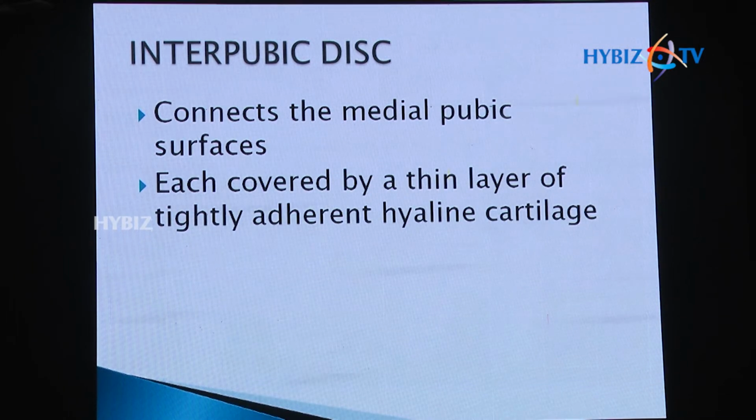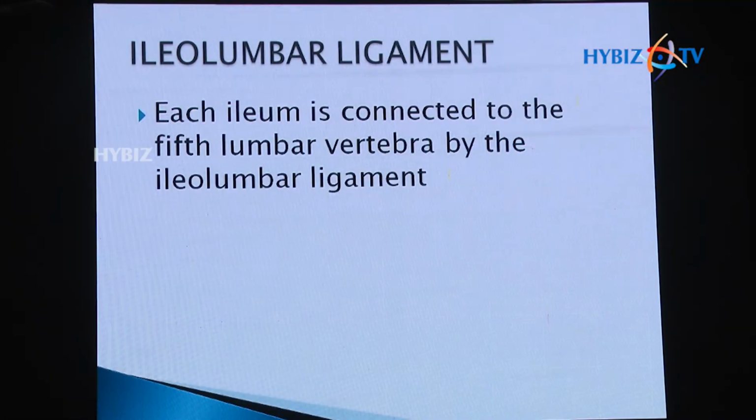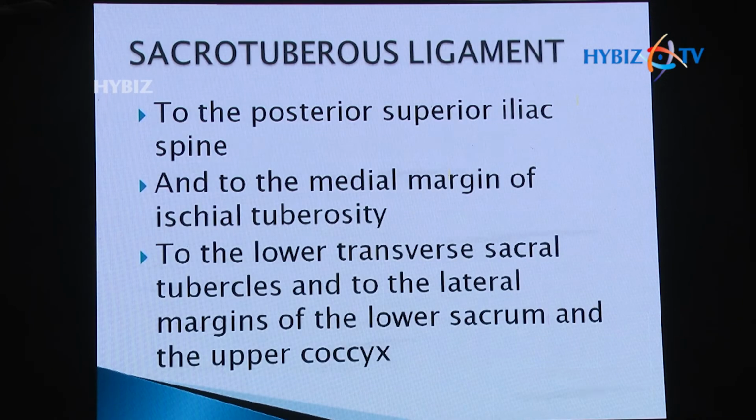Apart from these three joints, we have other ligaments of the bony pelvis, named the vertebropelvic ligaments. The iliolumbar ligament connects the ilium and the fifth lumbar vertebra. The sacrotuberous ligament, which represents the degenerated part of the long head of biceps femoris, connects the posterior superior iliac spine and ischial tuberosity to the lateral margins of the sacrum and coccyx.